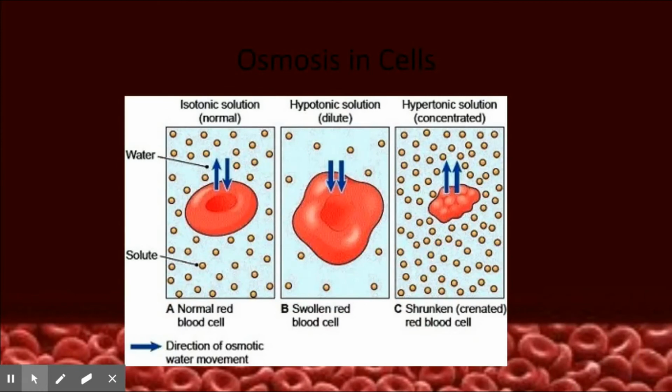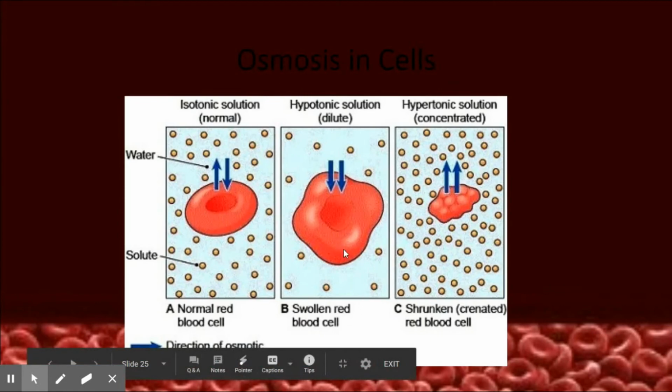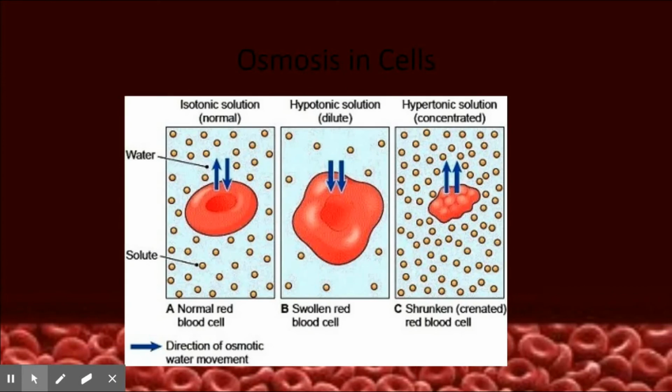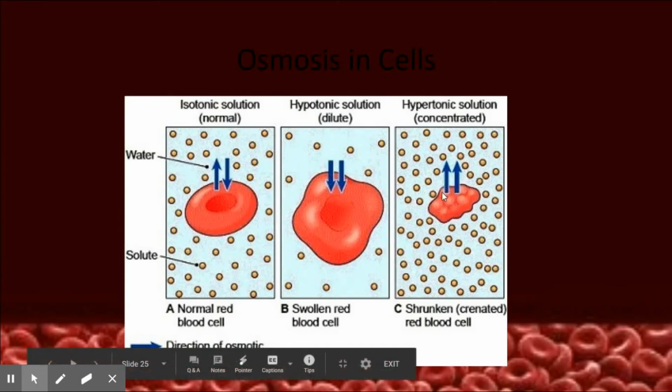So if we look in terms of the isotonic, hypotonic, hypertonic that we looked at earlier, isotonic, the cell's going to be nice and happy. Hypotonic could cause that cell to swell and bust and have cytolysis. Or we might have that hypertonic where it shrinks up.